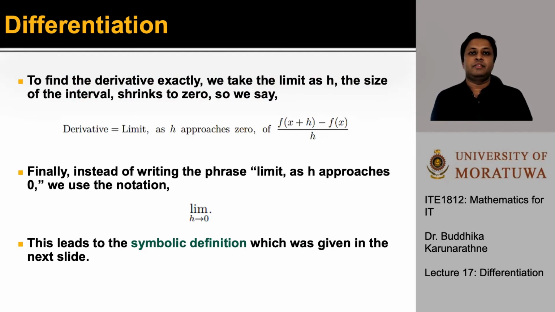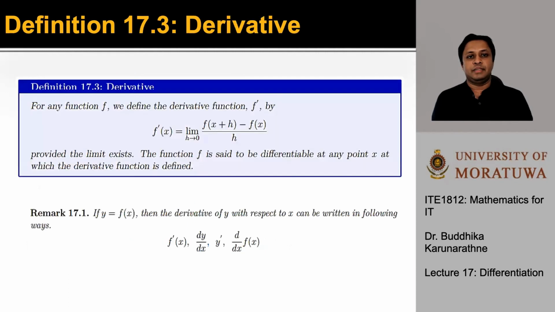What is the function? The function is the rate of change, that is f(x plus h) minus f(x), divided by h. Finally, instead of writing the phrase limit as h approaches 0, we use the standard symbolic notation for the limit. This leads to the symbolic definition of the derivative, which will be presented in the next slide.